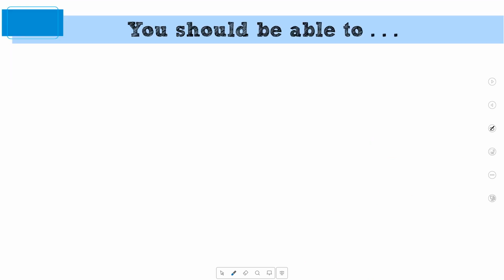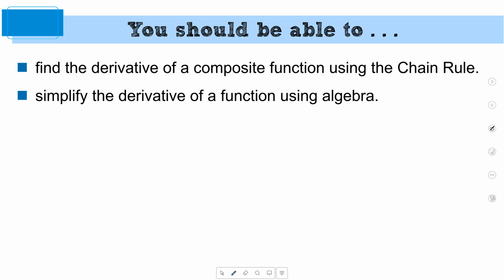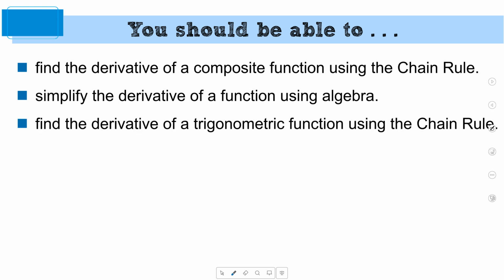Chain rule allows us to take the derivative of composite functions. We haven't done that yet. We've done addition, subtraction, multiplication, and division, but no composite functions. Then we'll talk about what's involved in simplifying some ugly, nasty derivatives. We'll talk about the trig for chain rule, which is really easy.